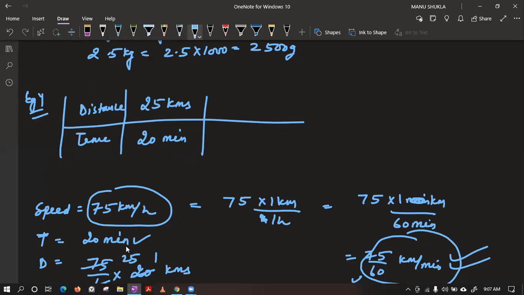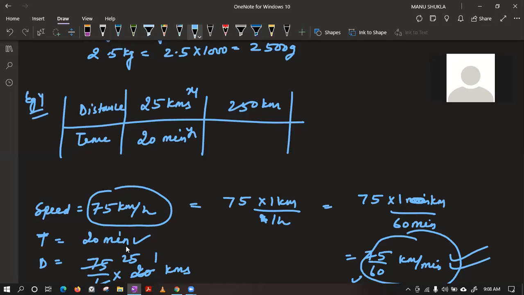The second one is, they are asking to find the time required to cover a distance of 250 kilometers. We have to find the time. So we can say this is x1, this is y1, x2, and y2.